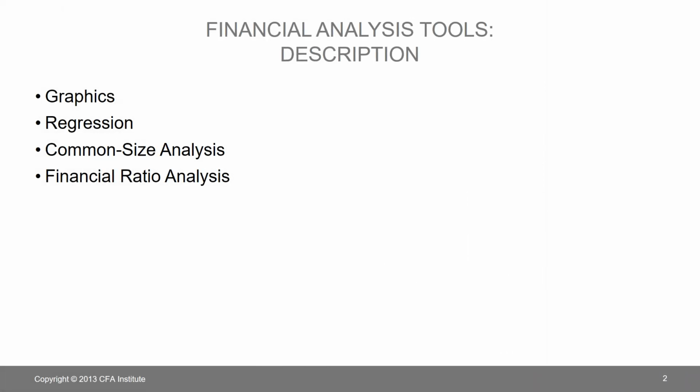This chapter covers 4 common financial analysis tools. The emphasis, however, for the purpose of this course is going to be on financial ratio analysis and common size analysis. But before turning to financial ratio analysis and common size analysis, let's quickly take a look at graphics and regression as tools.